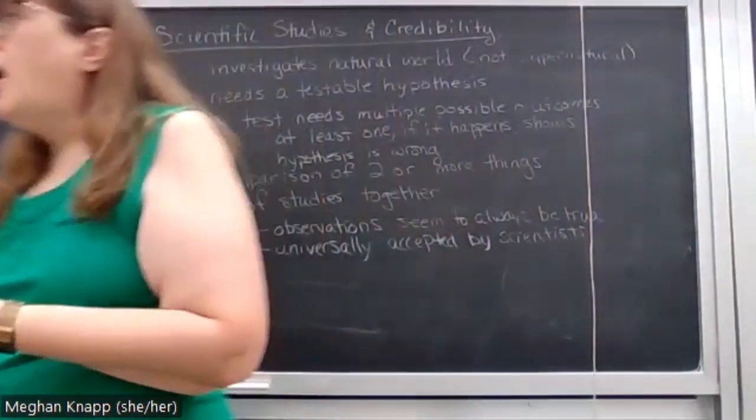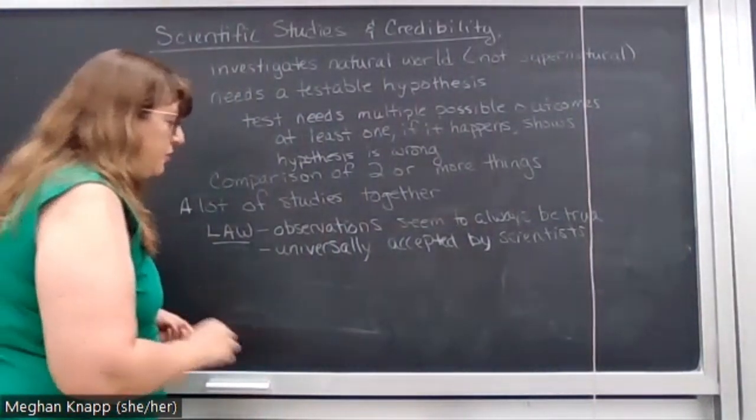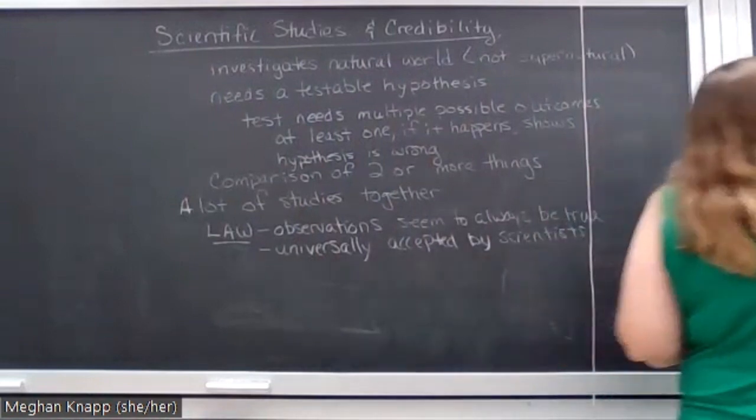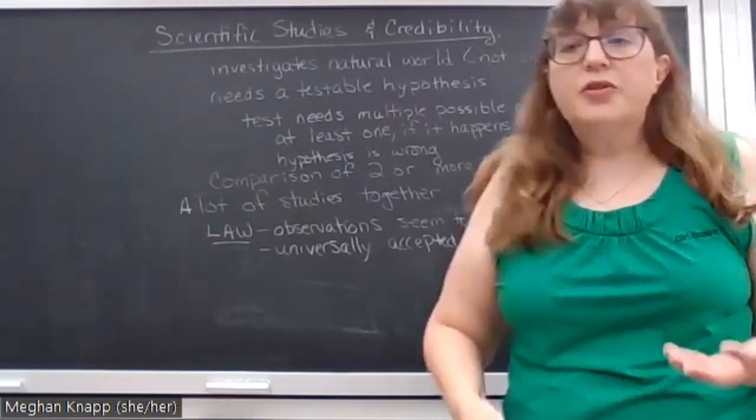What is more common for us to think about are theories. And I think I'm going to move this over so I'm not writing so low. So notice with the law, all we said is this is what I saw.